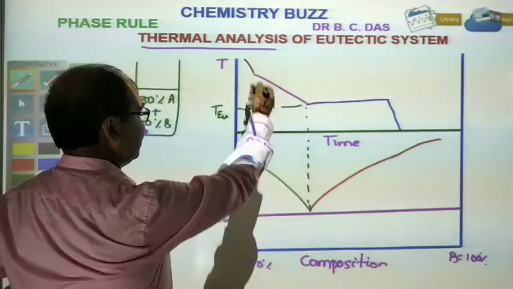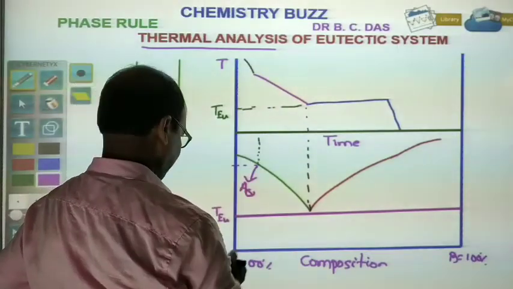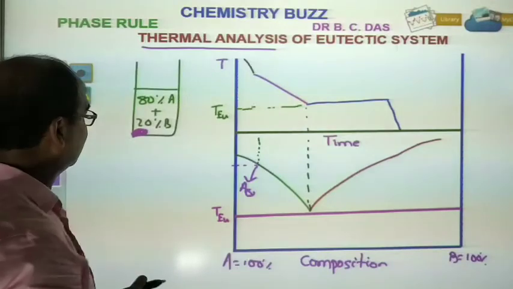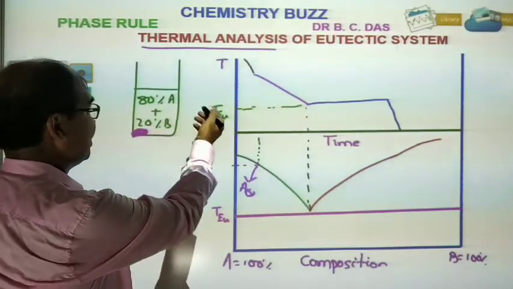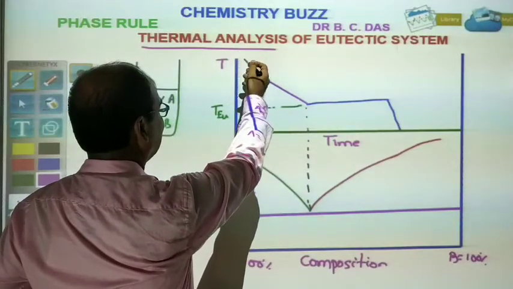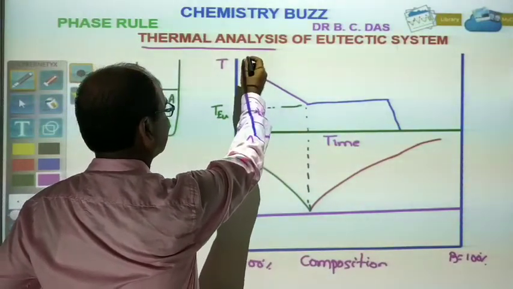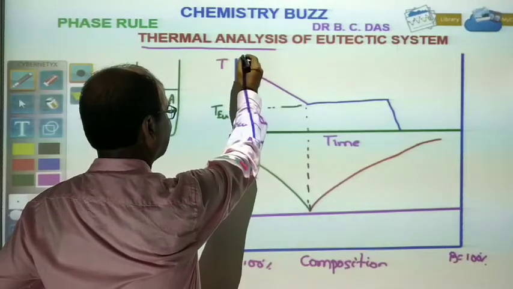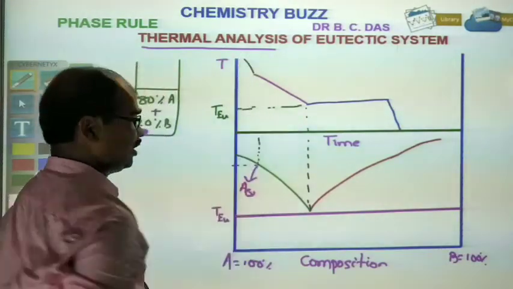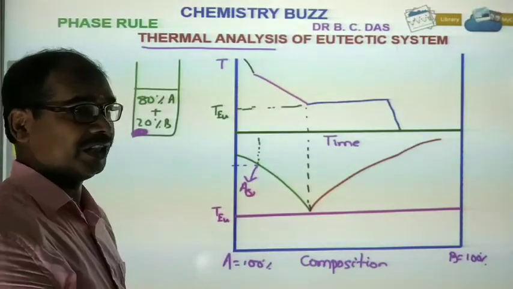If we consider the thermal analysis, when we are heating, this is the endothermic process. The solid melts, and when they melt completely and are homogeneous, it is one phase and it is cooled. When it is cooled, the cooling is rapid because there is no change.